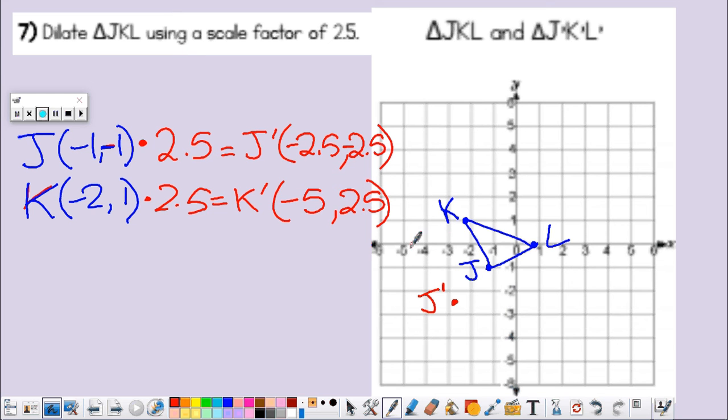So negative 5, 2.5, K prime, right up there.